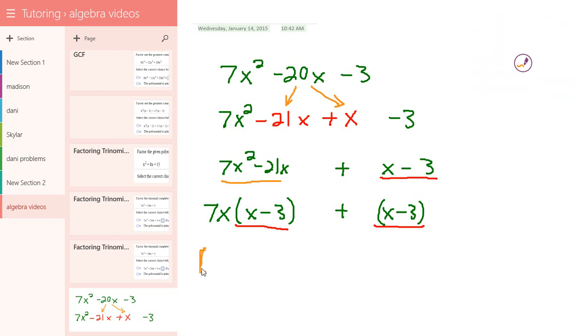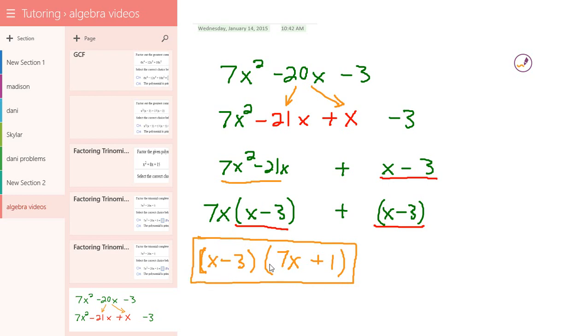If I take out x minus 3 from this whole thing, I'm left with 7x. And when I pull out x minus 3 from this, I take the entire thing out. That leaves a 1. The answer is 7x plus 1 times x minus 3, or x minus 3 times 7x plus 1.